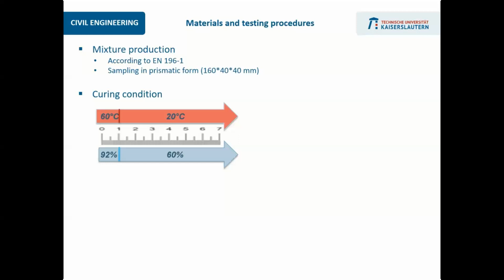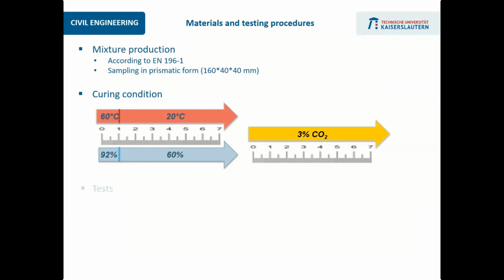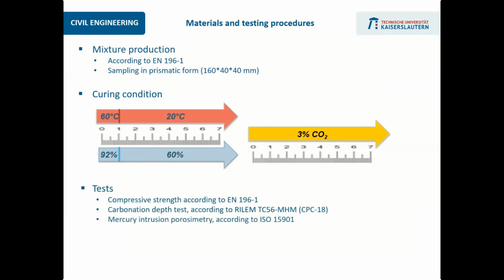Thereafter, I put them at 20 degrees centigrade and 60% humidity. After 1 week, I exposed the specimens to 3% carbon dioxide for about 7 days and then did the tests as mentioned before, according to the standards as you can observe here.